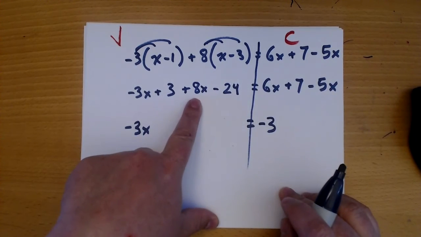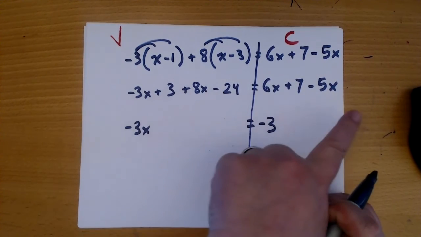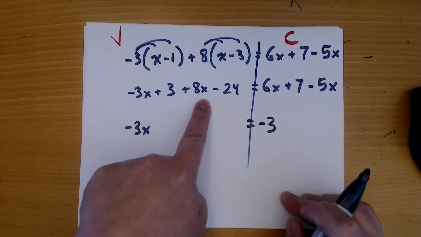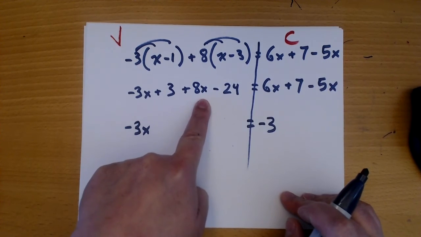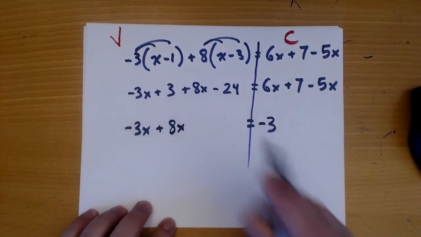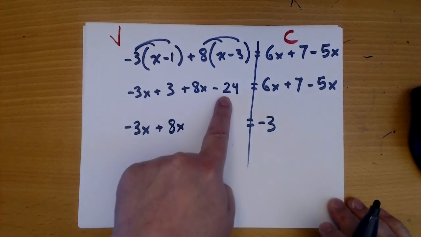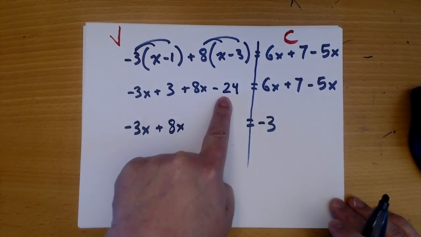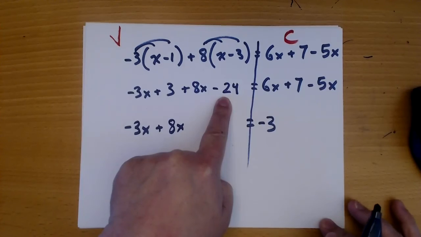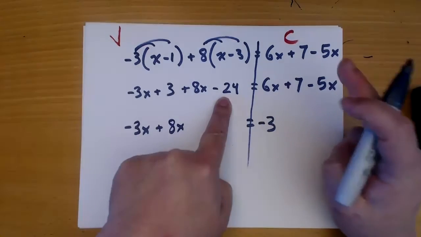The 8x has a letter. It's a variable. It's fine right there. So let's just move him down. The negative 24. It doesn't have a letter. It's not a variable. It's a constant. It belongs over here.